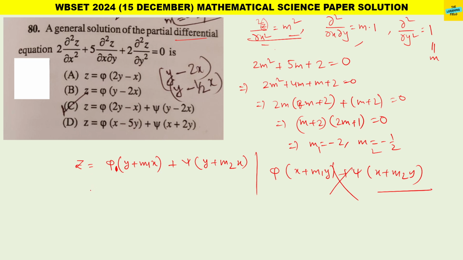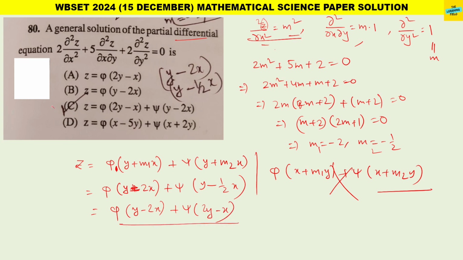So this is equal to phi of y minus 2x plus psi of y minus half x. That is, this is a function of y minus 2x plus a function of 2y minus x, and option C is the correct answer of this problem.